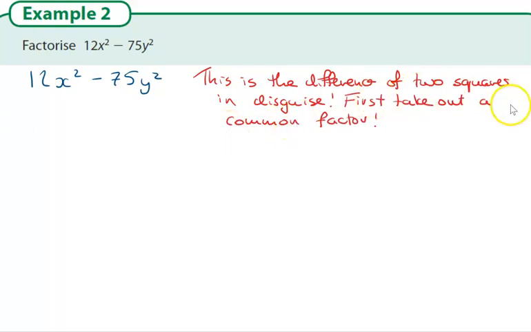So first, take out a common factor. So 3 is going to be the highest common factor. So 3 divides into 12, and it also divides into minus 75. So 12x squared divided by 3 is 4x squared. And minus 75y squared divided by 3 is minus 25y squared.